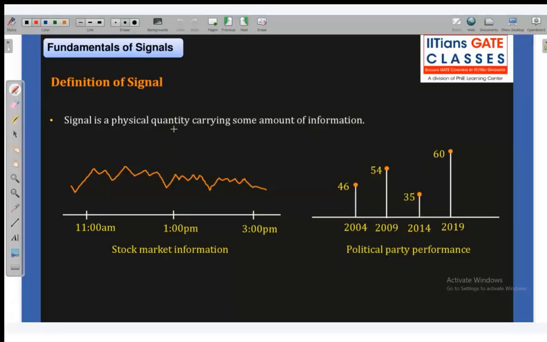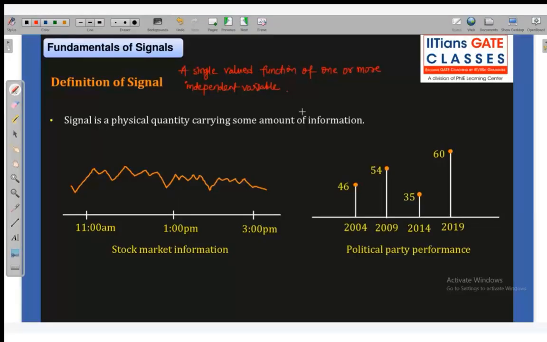Signal is also defined as a single value function of one or more independent variables which contain some information.